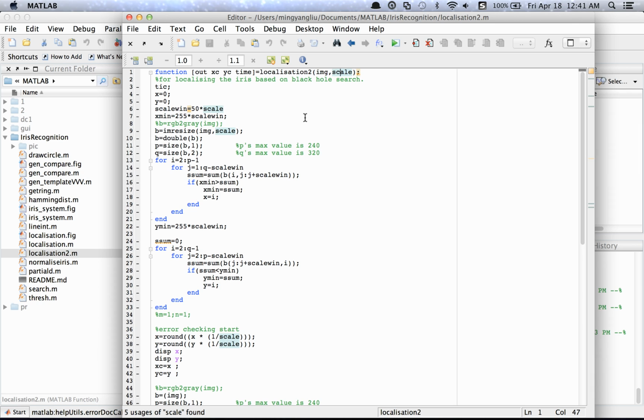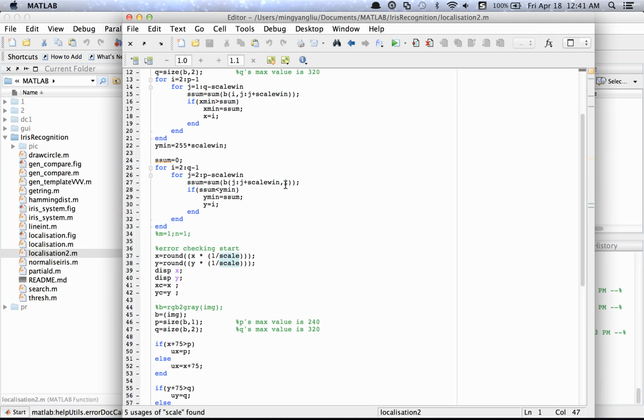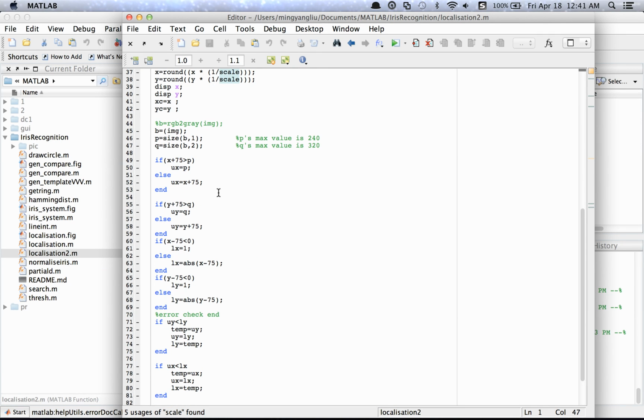Then we choose a group each time in the whole image matrix and go through the whole matrix, and we keep the darkest part. And then we use this part as the center to cut off a square with size equal to 150.